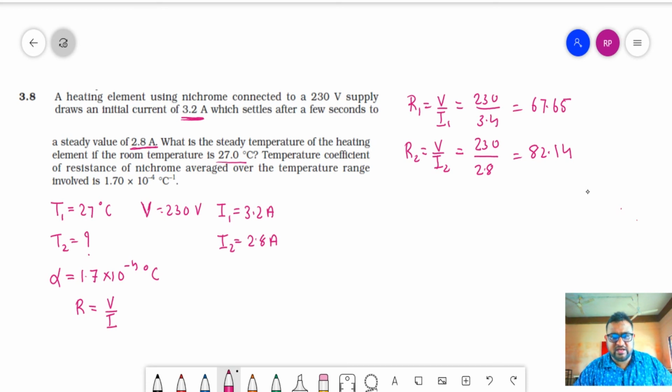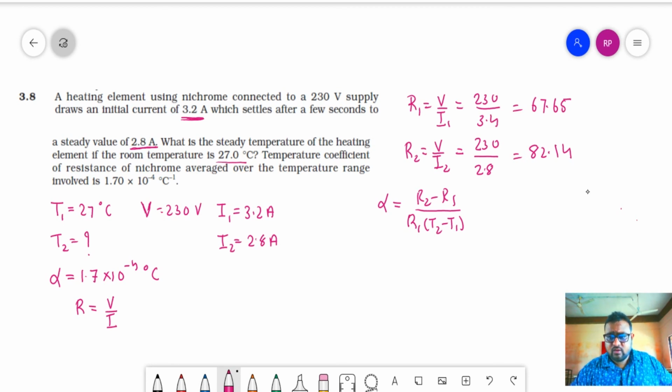You have to find out the temperature T2. Here we need to find out the temperature T2. So we can use the direct shortcut formula. Alpha will be equal to R2 minus R1 upon R1 into T2 minus T1. This was the shortcut formula that we used in our previous sum, right?